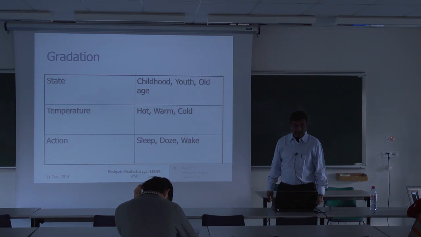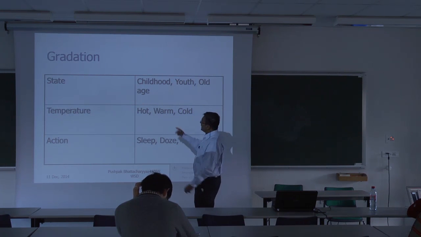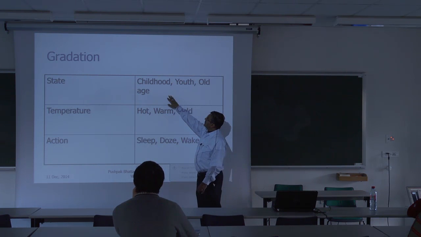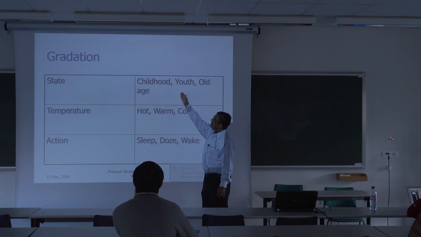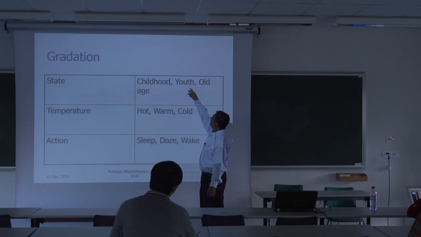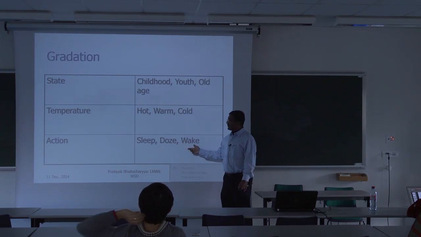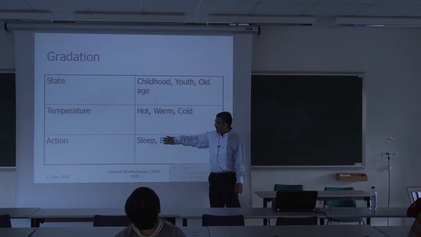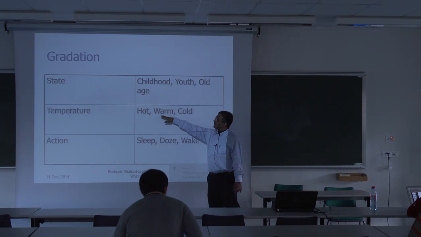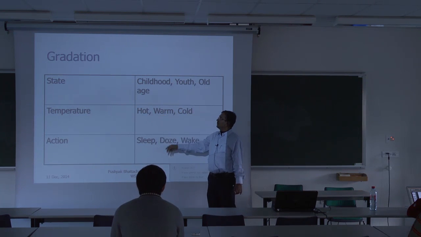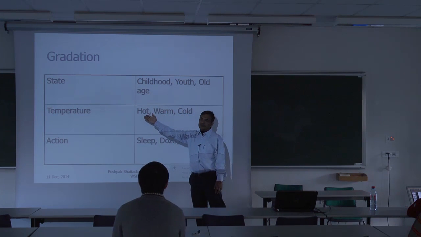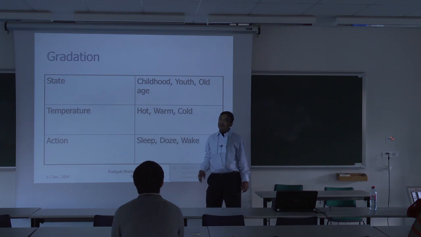Then there is this interesting relation called gradation, which places the words in a spectrum of semantic nuance. So childhood, youth and old age, hot, warm and cold, sleep, doze and wake. So the intermediate word is a word between the two extreme opposites. Warm is between hot and cold.